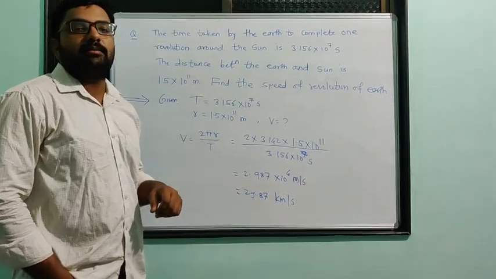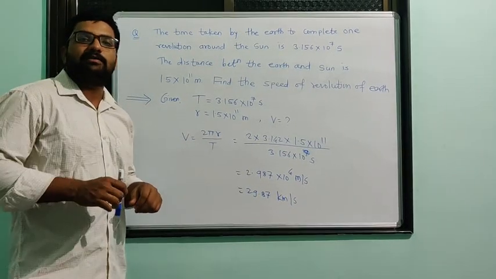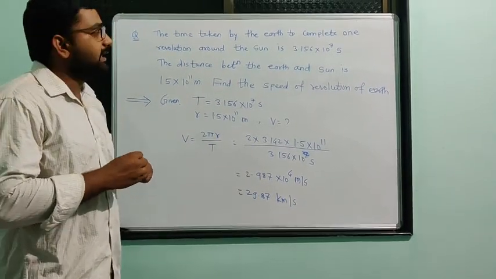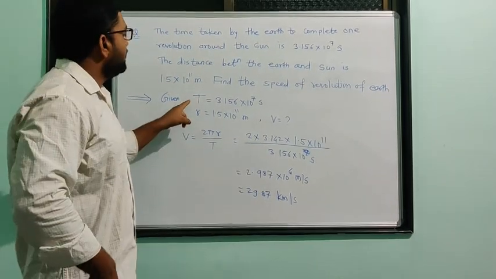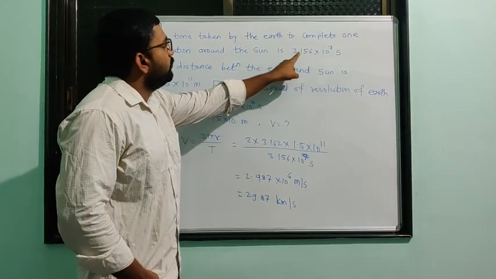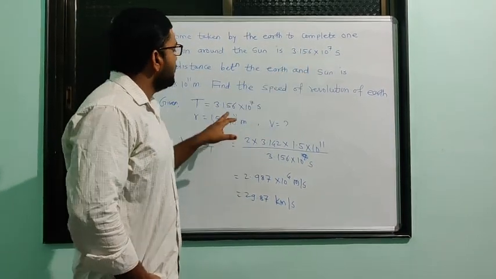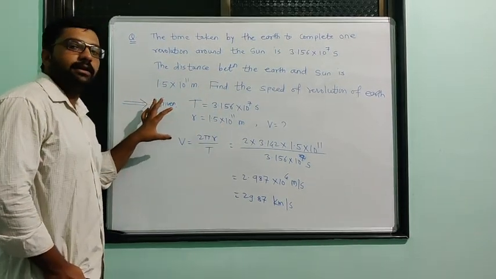The time taken by any object to complete one revolution is called the periodic time, denoted by capital T. So T is 3.156 into 10 raised to 7 second. First of all we have to write the given data.